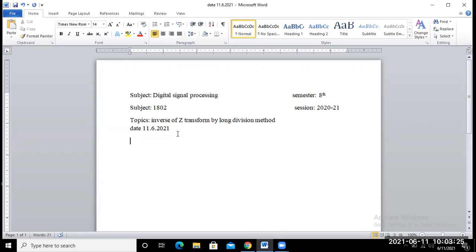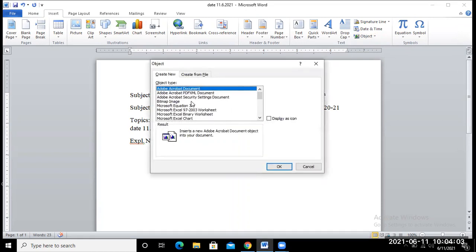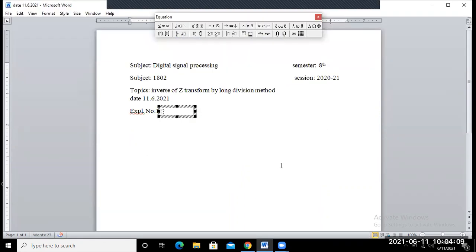Suppose we consider one example, example number 1, a signal given in Z transform. X(z) equals z divided by z minus 1/2.